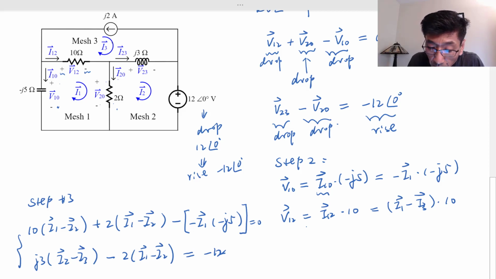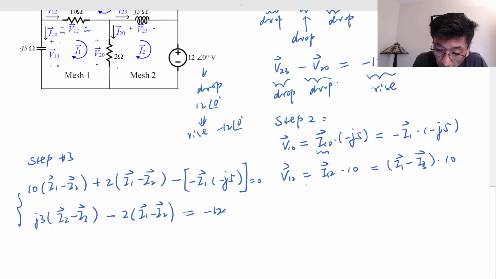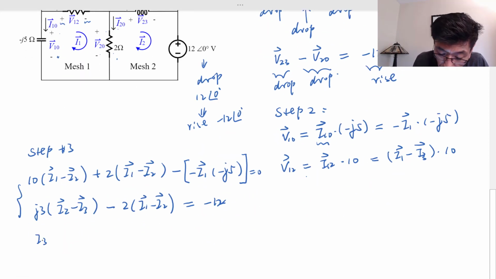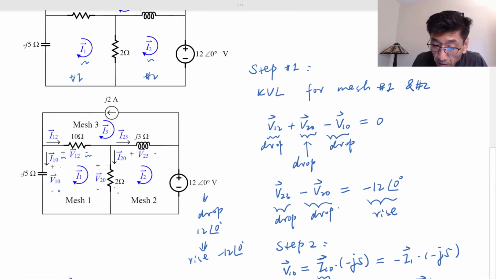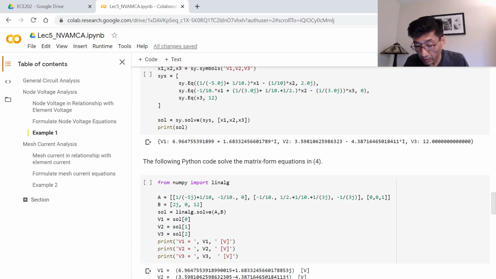I3 should be just equal to negative J2, that current source, because it is in the opposite direction.